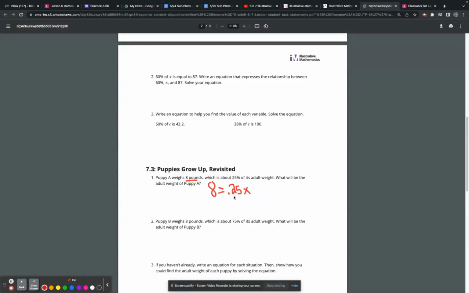So now to get x alone, I have to divide by 0.25. Okay, so I have 8 divided by 25 hundredths.